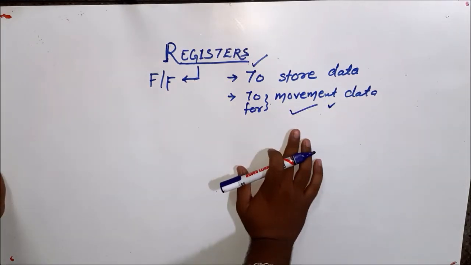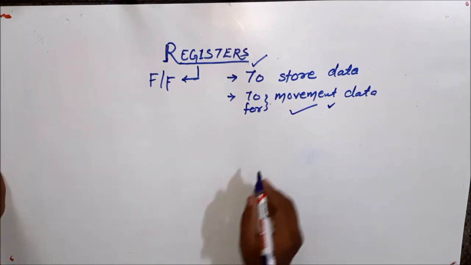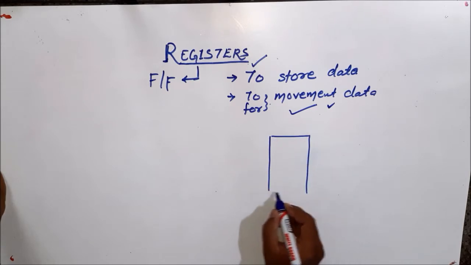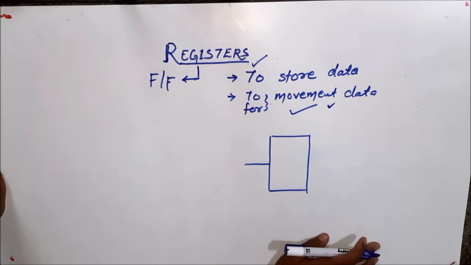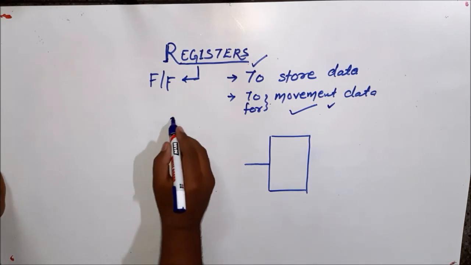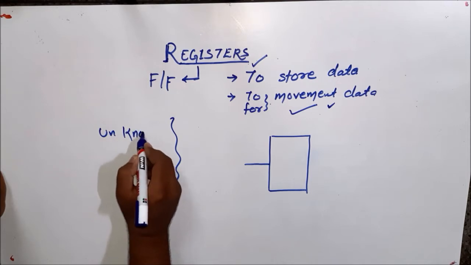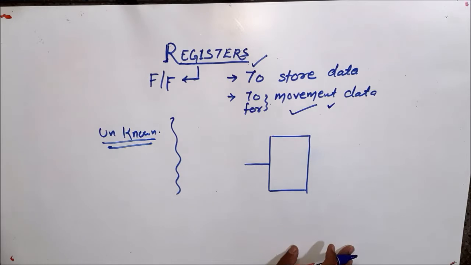Movement, as the word indicates, movement. We can also say transport the data from one place to another place. For example, this is a machine or circuit. It needs some information by this line, from some unknown source. From this unknown source I need some information.